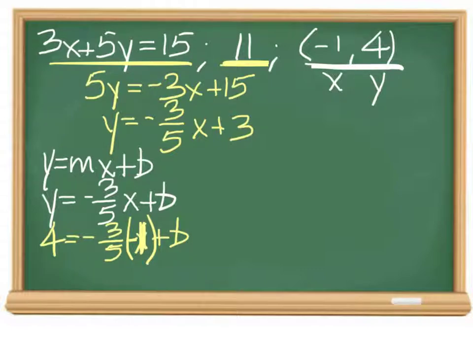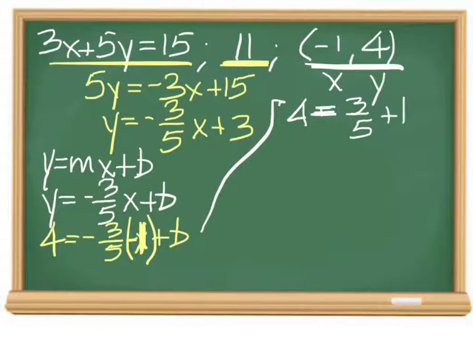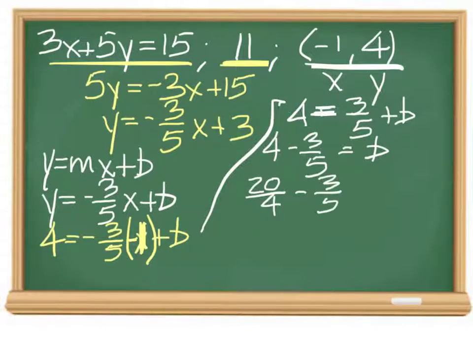When you simplify, you should come up with 4 equals a positive 3/5 plus b. And you can move that to the left and make it minus. You'll need a common denominator of 5, which means you're going to have 20 over 5 minus 3 over 5. Actually, that's 20 over 5 here at this spot.